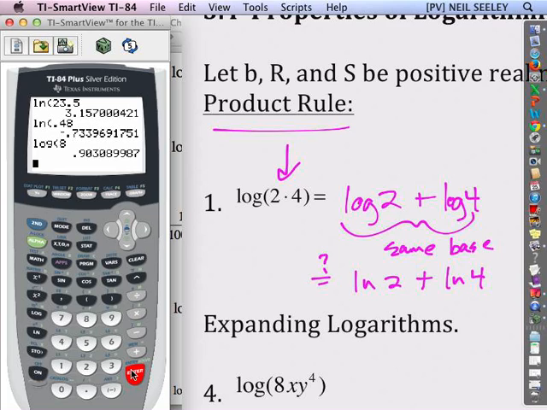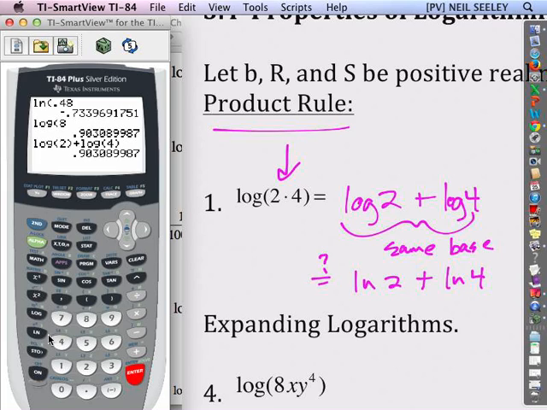Now let's try the log of 2 plus log of 4. Should I get the same thing? Log of 2 plus log of 4. Yes. Now we're talking.